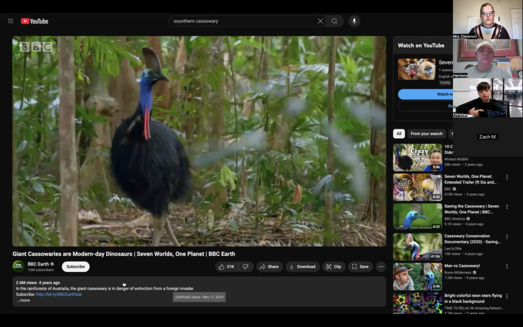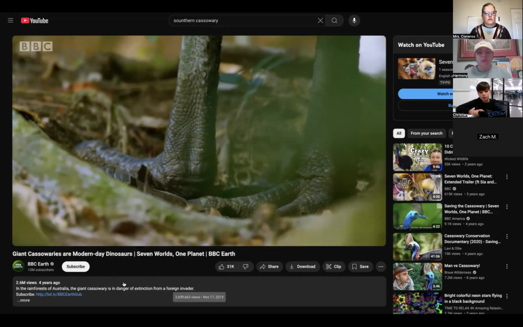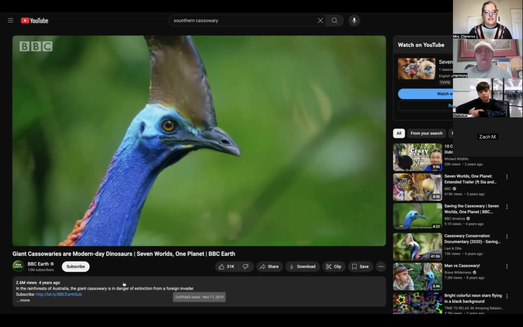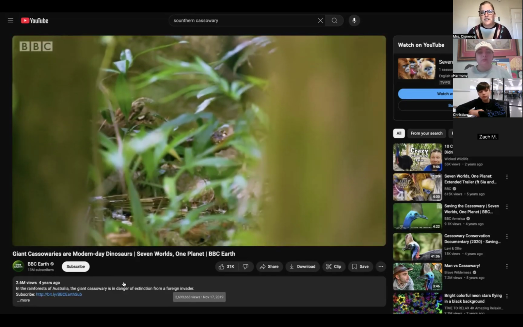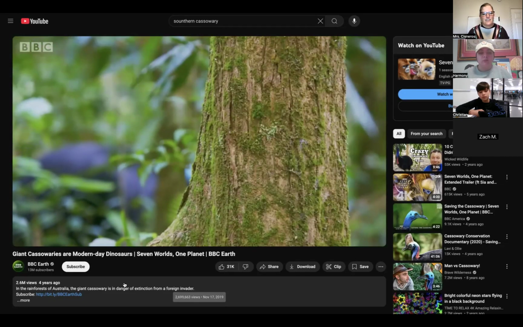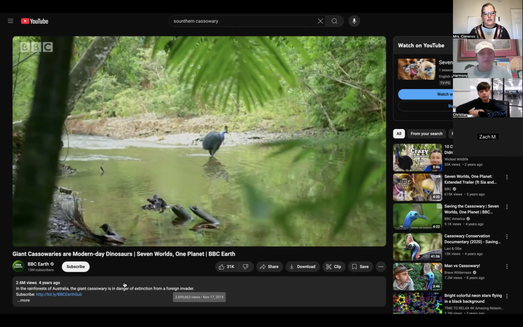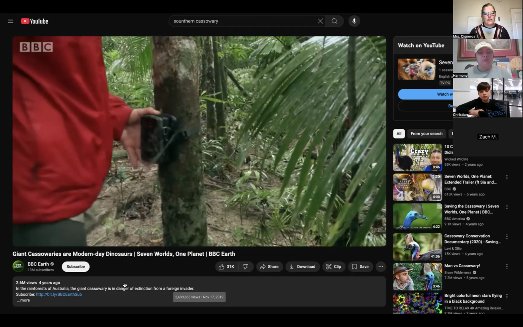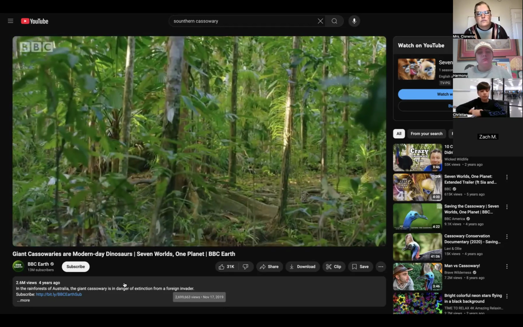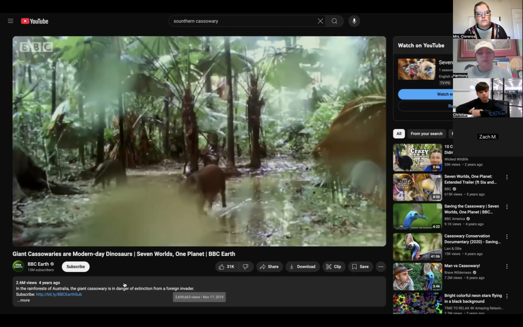Growing to a height of 1.5 meters and equipped with enormous dinosaur-like claws, cassowaries have been described as the planet's most dangerous birds. But these feathered giants are shy and prefer to stay hidden in dense tropical rainforest. There are only around 2,000 left in Australia. To locate them, the team set up a series of camera traps. But instead of cassowaries, they discover another animal that could threaten the future of the entire forest.